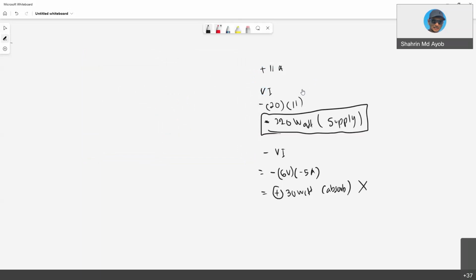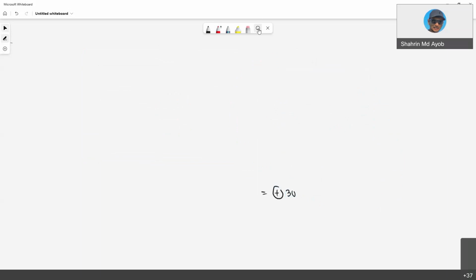The original question used mesh analysis, but I changed it into nodal. Some questions we design, we need to make sure the student can answer within the time frame. It's time consuming to design a question, especially for electrical circuits.